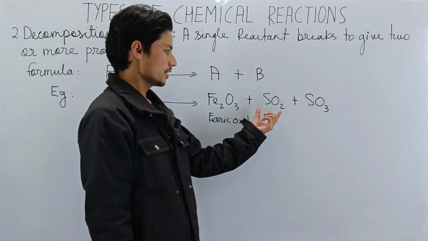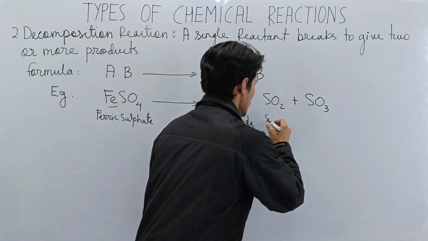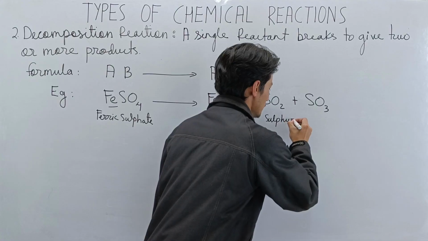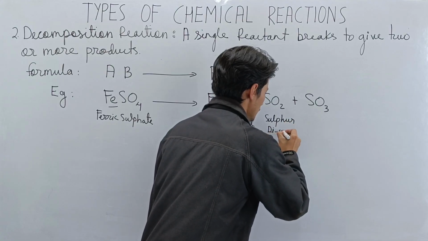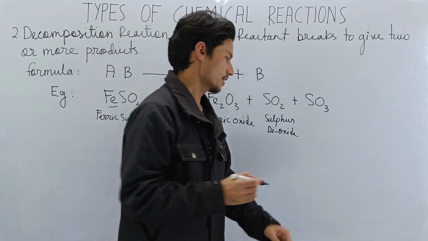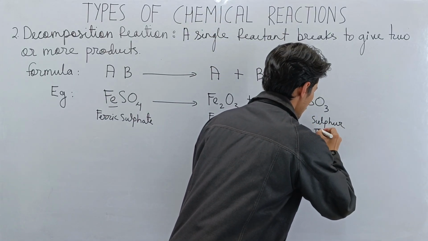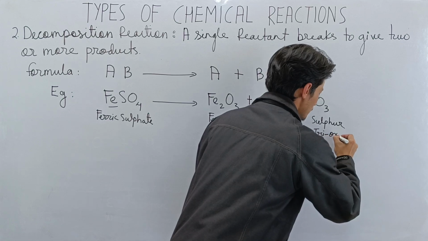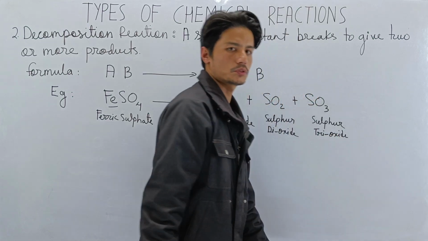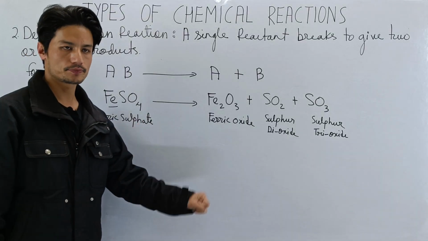I hope you remember, SO2 is sulfur dioxide, and SO3, 3 means tri, sulfur trioxide. So this is what decomposition reaction is.